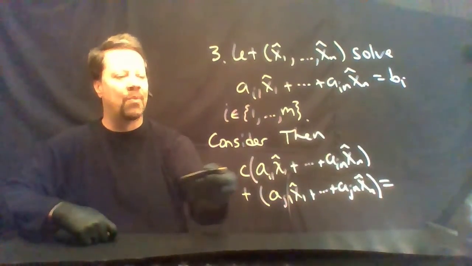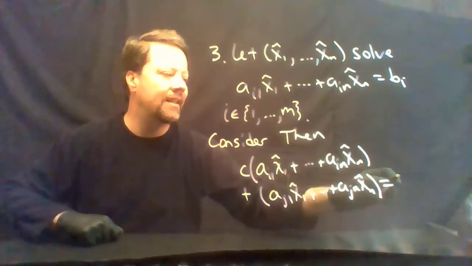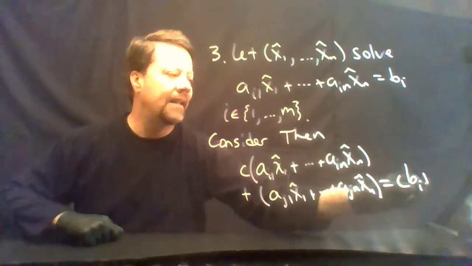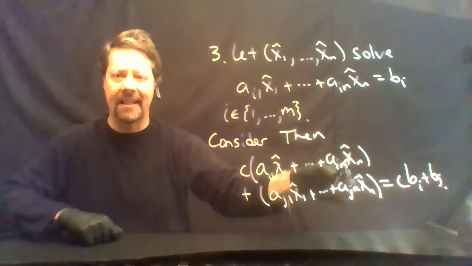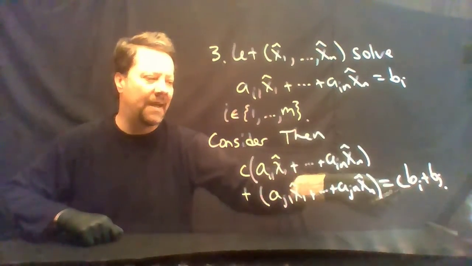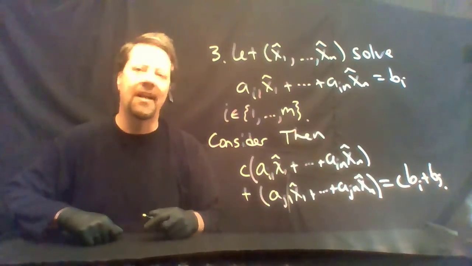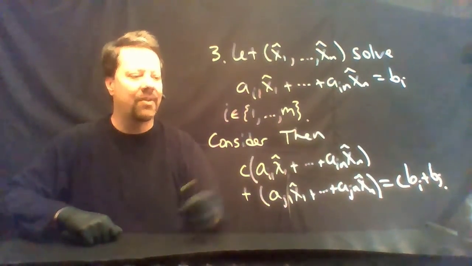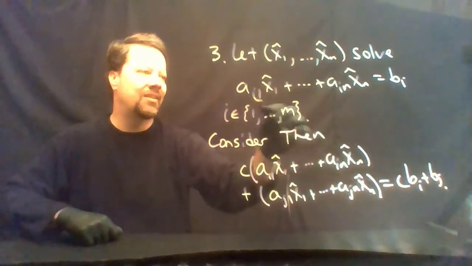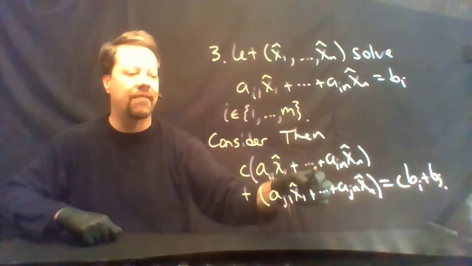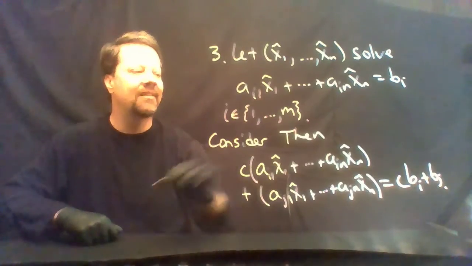If you multiply through by a constant on one equation and add to a different equation, you should get c times bi plus bj: c times the right-hand side of the first equation, which was b sub i, plus the right-hand side of the second equation, which is b sub j. So if the point x hat solves the system, it will certainly solve the equation obtained by multiplying one row by a constant and adding to a different row.